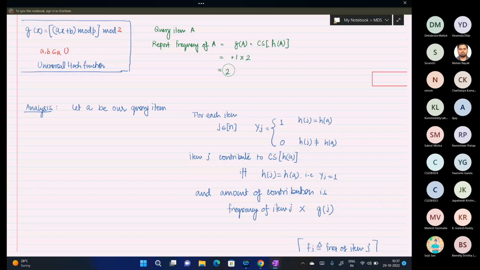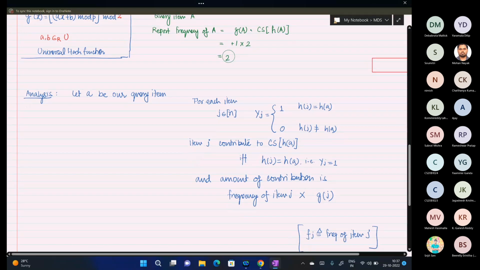Basically, its frequency is either getting added to that bin or subtracted from that bin, right? So that's how we see the contribution of some other element j which is not equal to a. Okay.